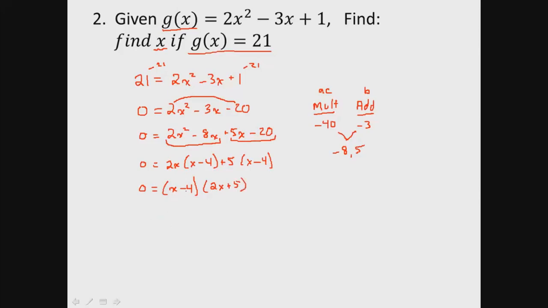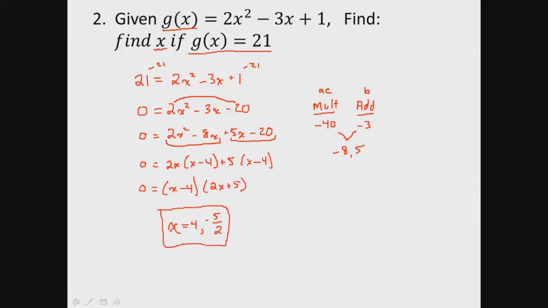And now we can easily see what makes this equal to 0. Well, if x were 4, 4 minus 4 would be 0. And over here, if x were minus 5 over 2, this would also be equal to 0.